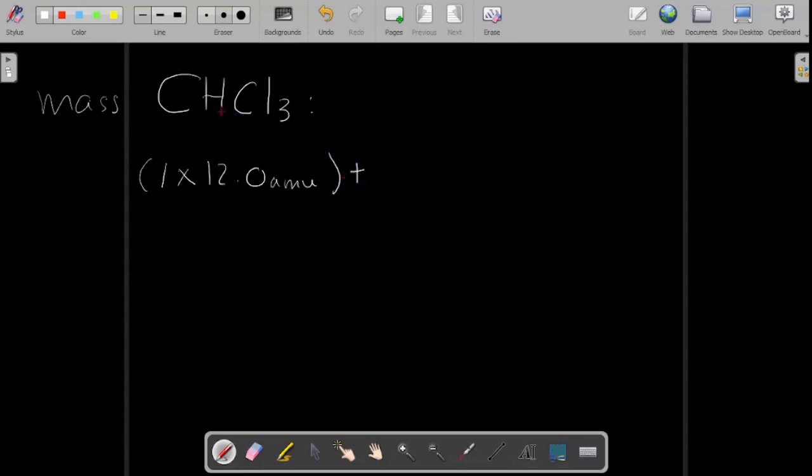Now we're going to have to add the mass of the hydrogen. Hydrogen, position 1, is one of them. And according to your table, the mass is 1.01 atomic mass units. Now, there are 3 chlorines, so you need to multiply the mass of the chlorine by 3 because there's 3 of them. And chlorine is in position 17 in your periodic table.